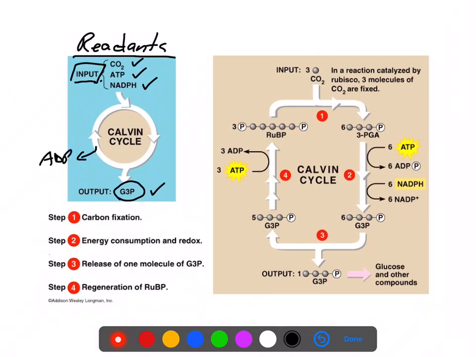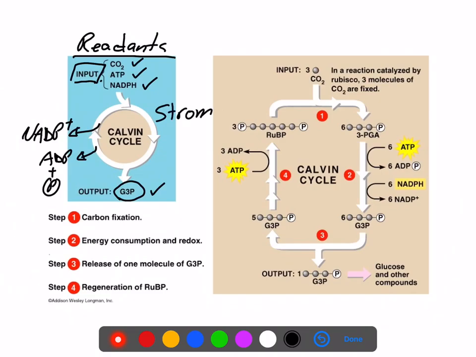But remember also that in the course of donating its energy, ATP will be converted to ADP and phosphate. And remember also that NADPH will donate its electrons to become, once again, NADP with a plus. All right.